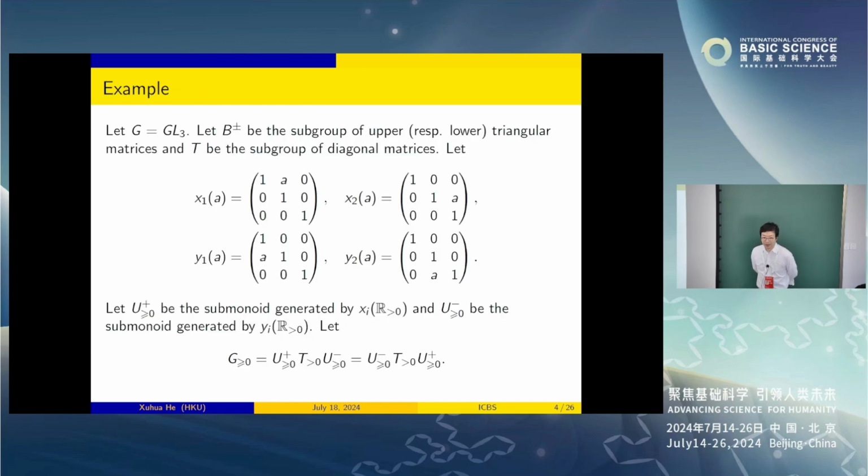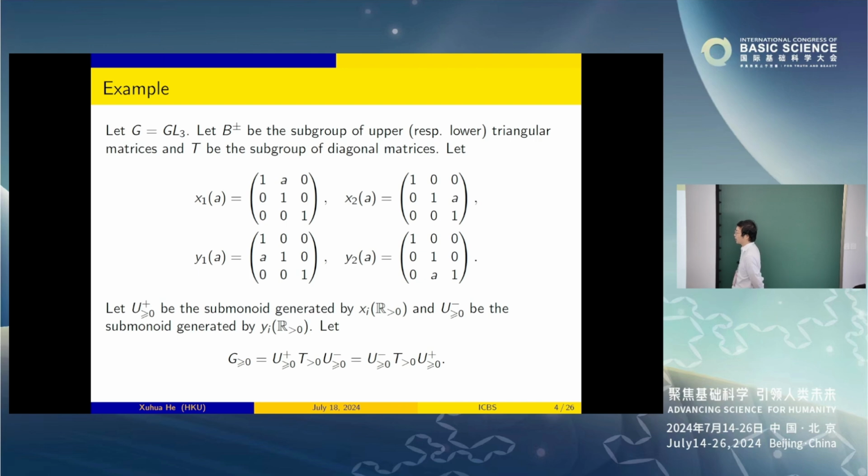Now let's come to more explicit examples. Previously I mentioned that for 3 by 3, if you want to understand totally positive matrices from scratch, it's not so easy. But based on this structural result, we can easily write them down.